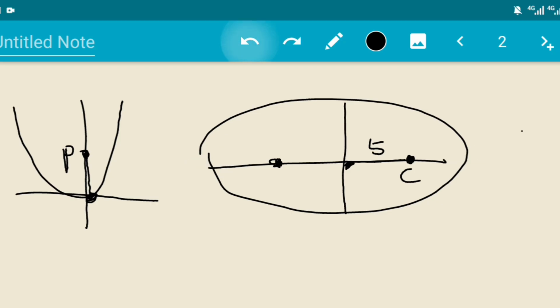So this here is -C. Another thing we need to take note of is this. This here is -5, or just -C, in the x-axis.